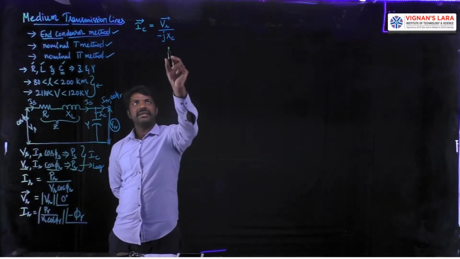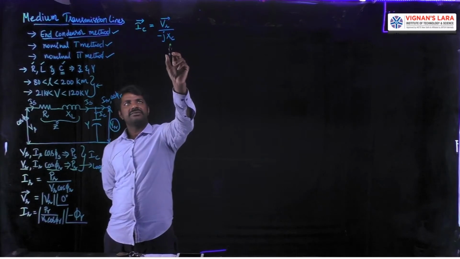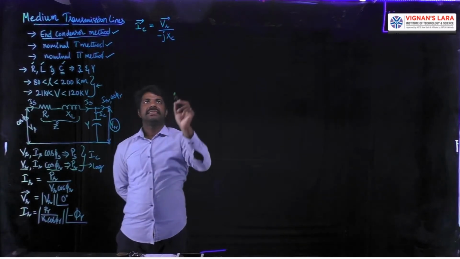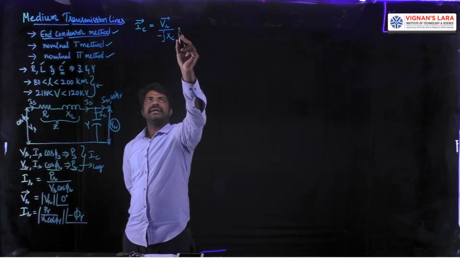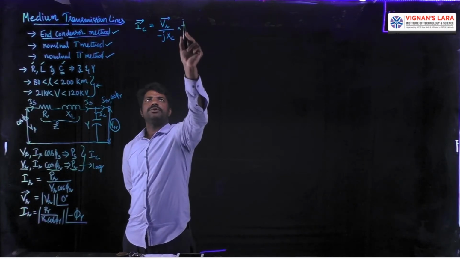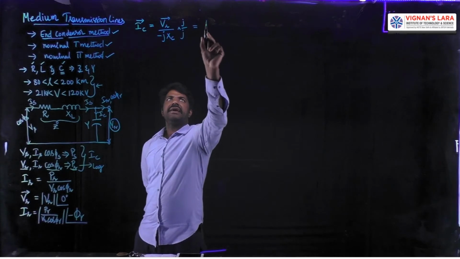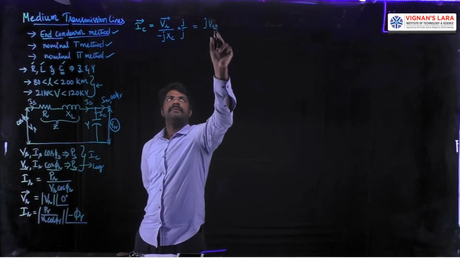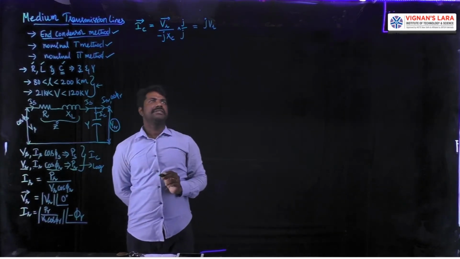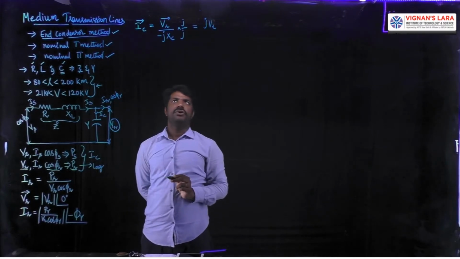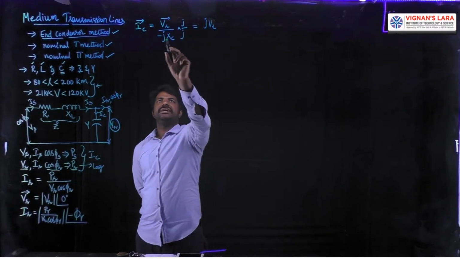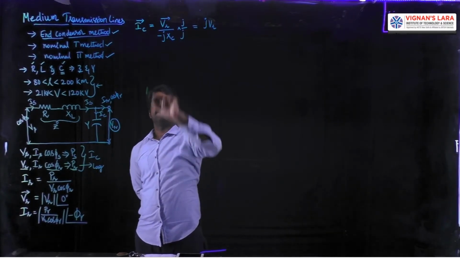Instead of defining it in ohms, we should convert its value into susceptance. Thereby, to get the exact term, I am rationalizing the numerator and denominator. So that we will get JVR, which is taken as reference, that is at an angle 0, J into J square. J square value is minus 1.